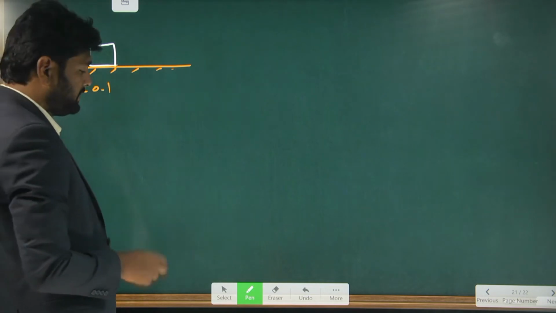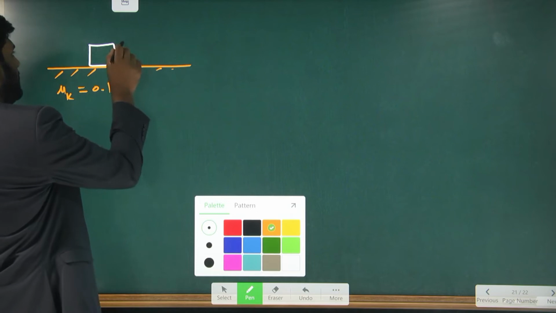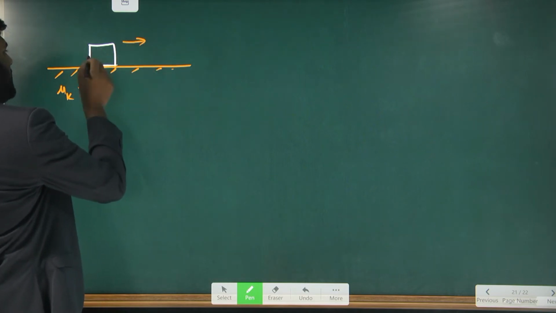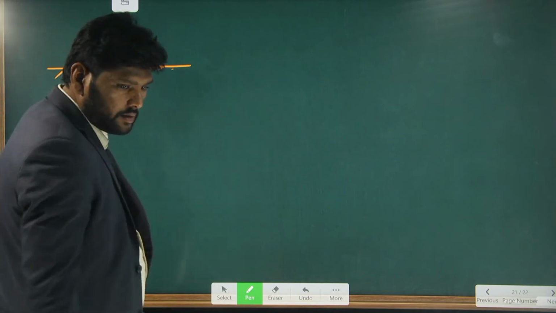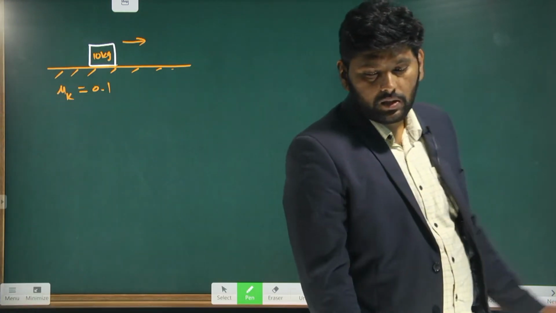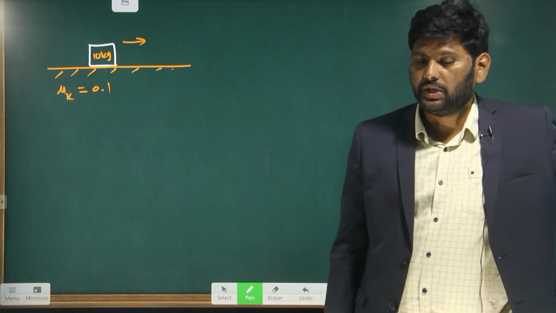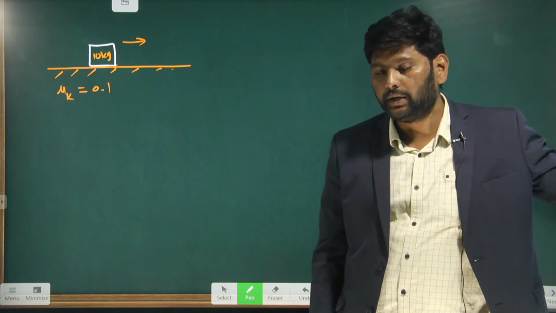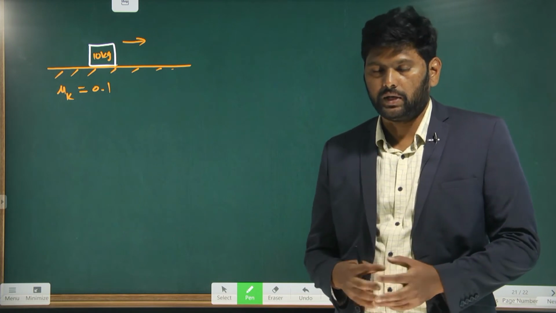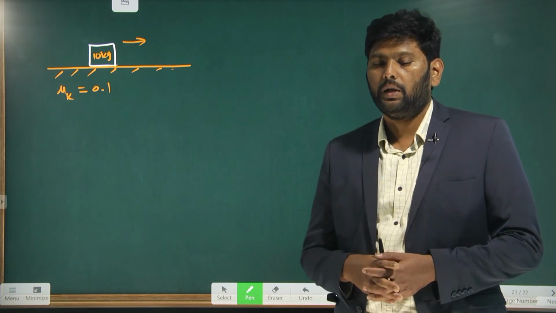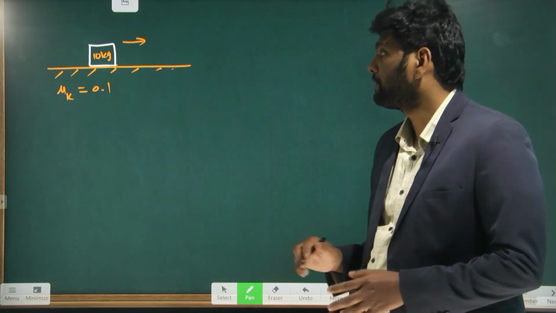The object is sliding, and the object mass is 10 kg. We are asking to find what? The kinetic friction acting on the body, because it is sliding.